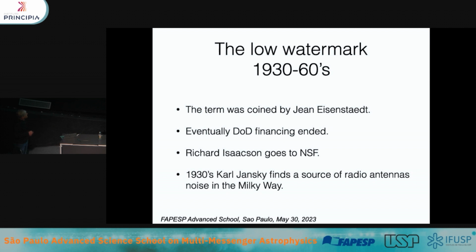At the same time, there was a revolution in astrophysics that was changing our understanding of astrophysics. In the 30s, Karl Jansky opened the field of radio astronomy.